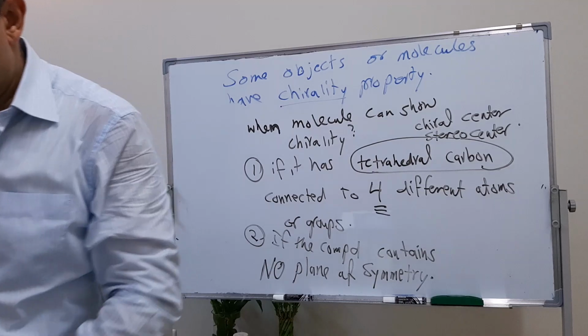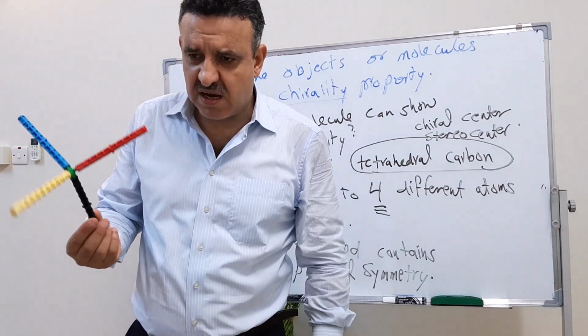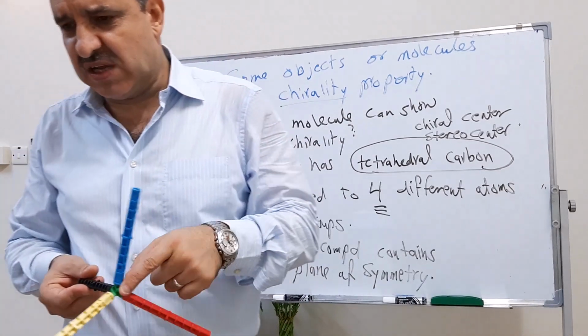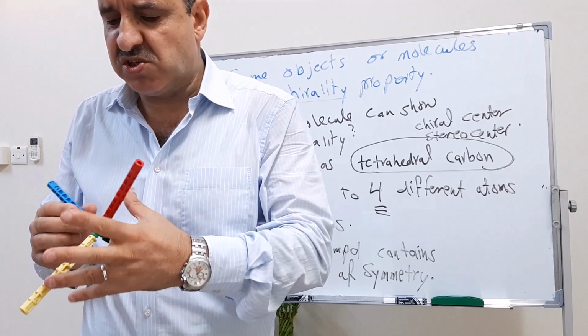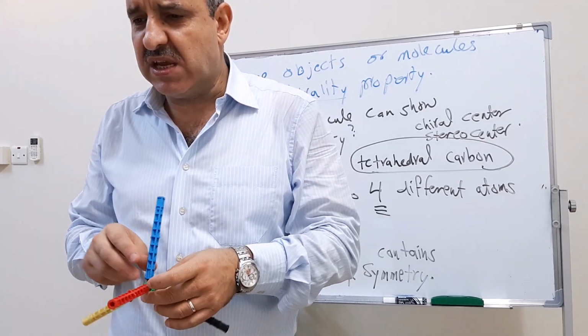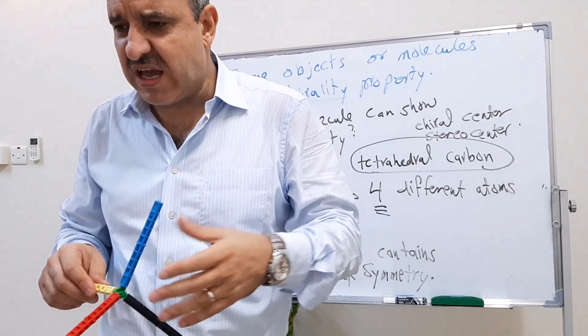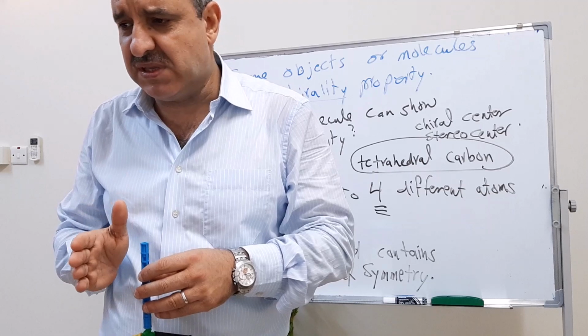Do you follow me? So this compound here, for example, we said is chiral because it has a stereocenter, a tetrahedral atom connected to four atoms or groups. At the same time, it is chiral because simply there is no plane of symmetry.